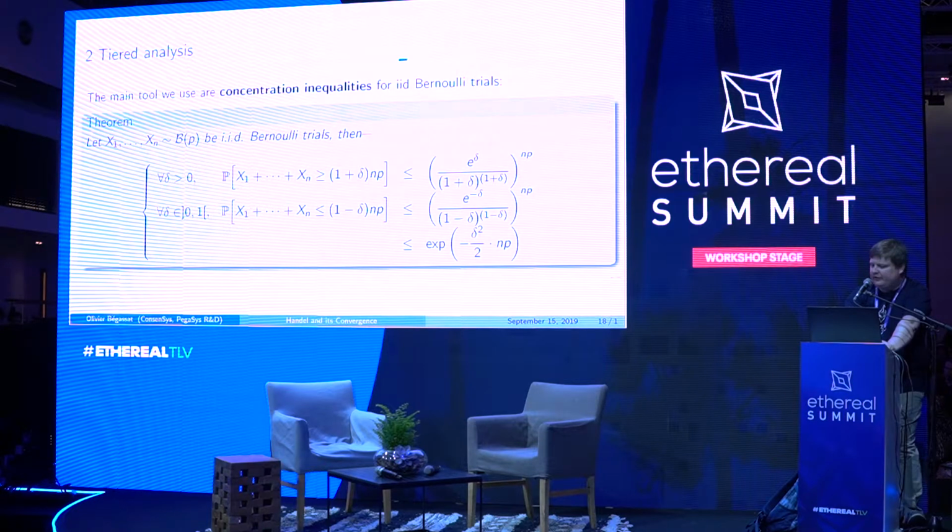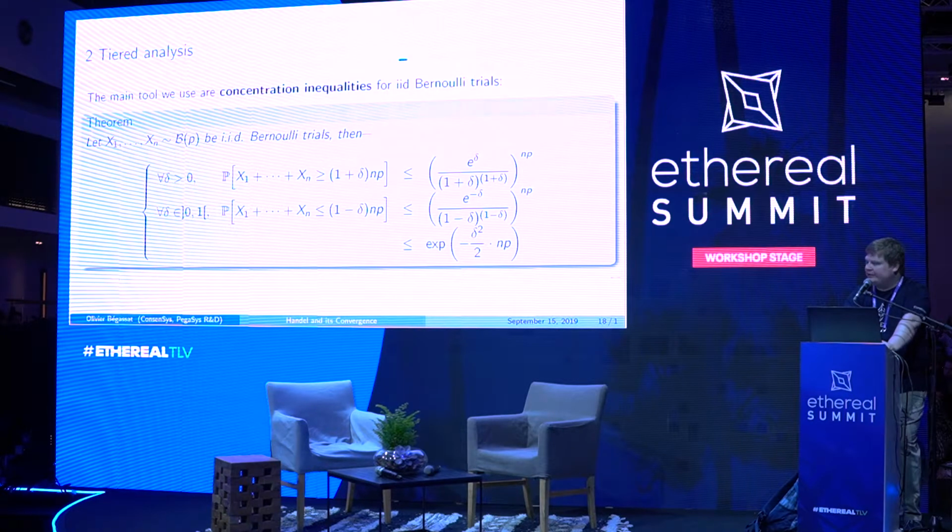They are called concentration inequalities. And what they tell you is how likely a random variable is to steer away from its mean. So in this case, the mean is np, and you wonder how likely is a relatively large deviation from that mean.